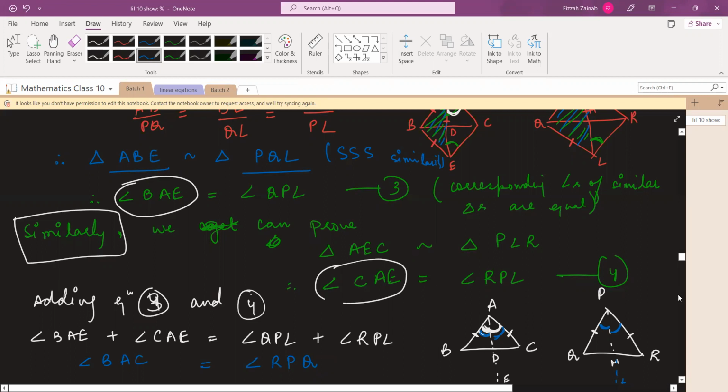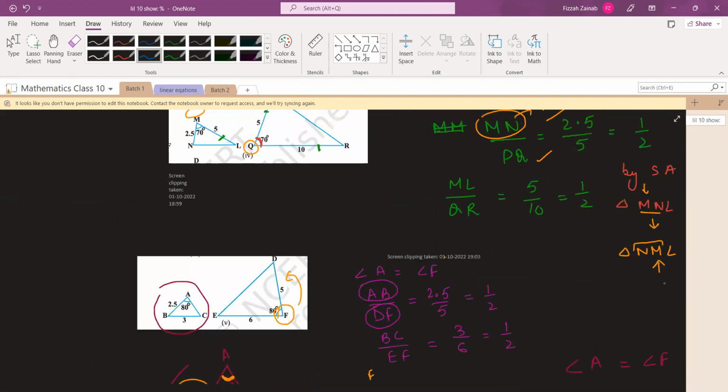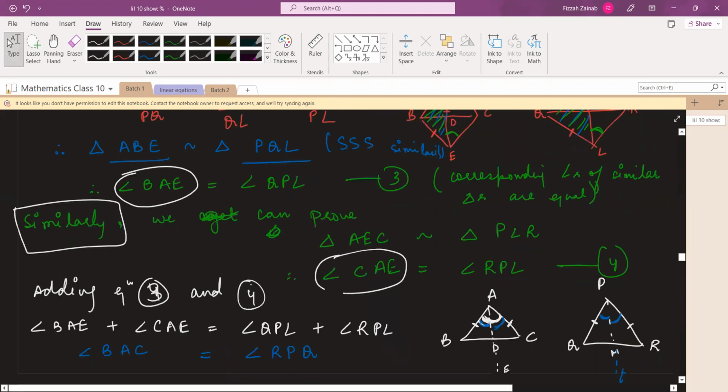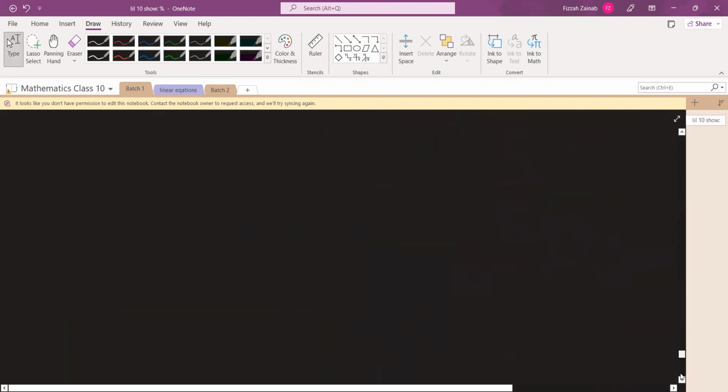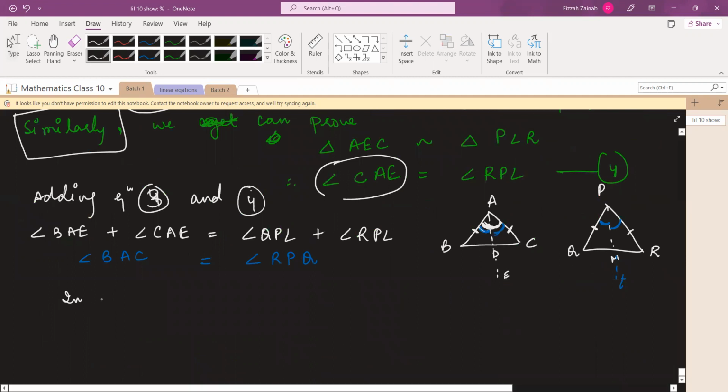Now I can come to the two triangles which I have to show similar. So now take triangle ABC and triangle PQR.